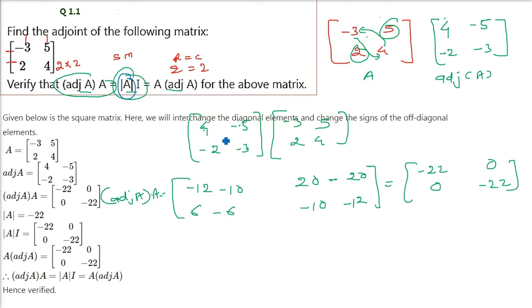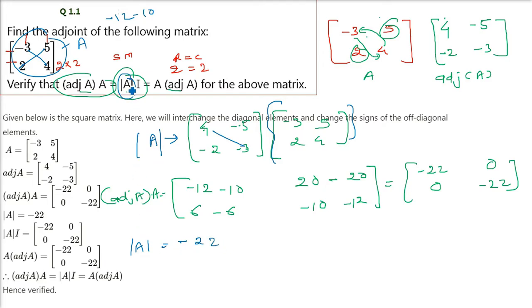Let me show you the determinant of A, because a 2 by 2 determinant is not that hard. 4 into -3 is -12, minus 5 into 2 is 10, so we have -22 as the determinant of A. Now multiply it by the 2 by 2 identity matrix.